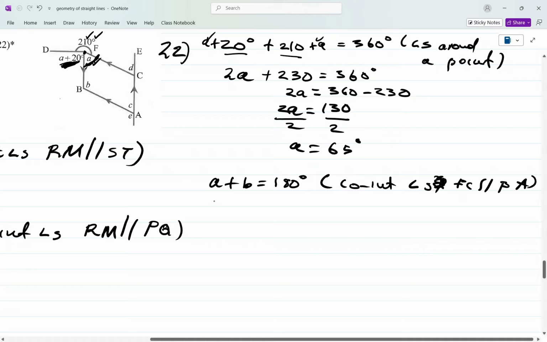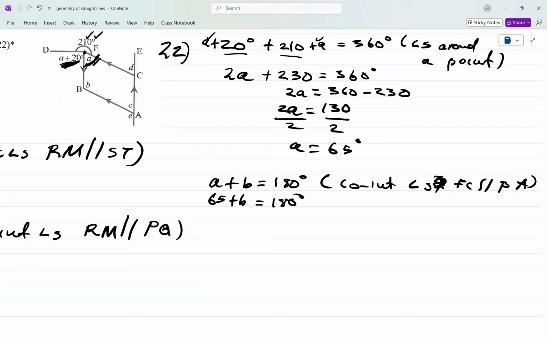I have calculated my A as 65. B is the one that I'm looking for. Therefore, B will be 180 minus 65, and you will get 115 degrees.